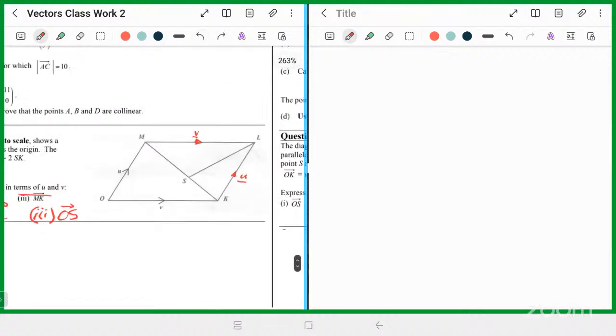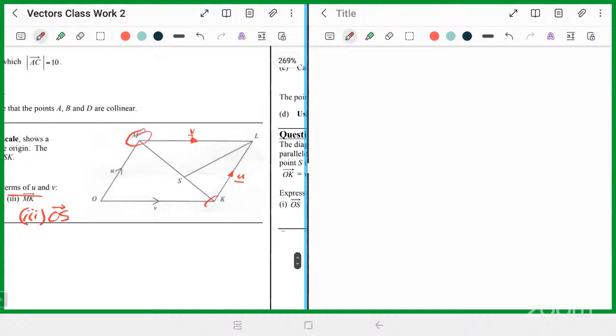So the vector MK is the vector that will take us from here to here. Now remember, vectors at this level is basically how you go around a diagram like this, from point to point, and you have to be traveling along these vector directions that you know. You want to be traveling using those vector directions, distance and direction. In this case, we want to go from M to K. All right.